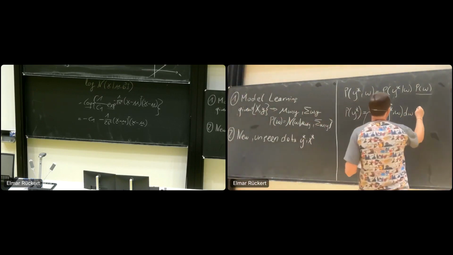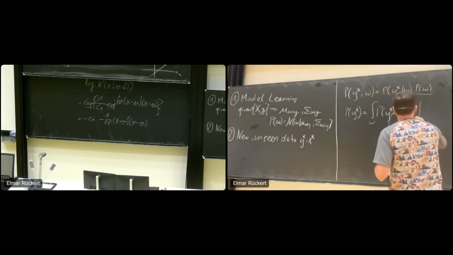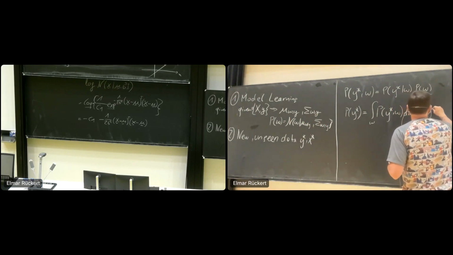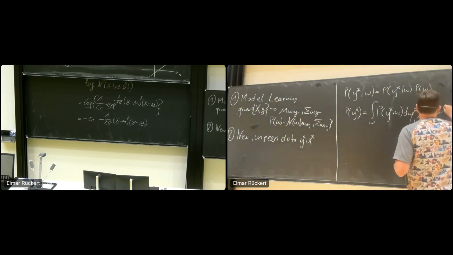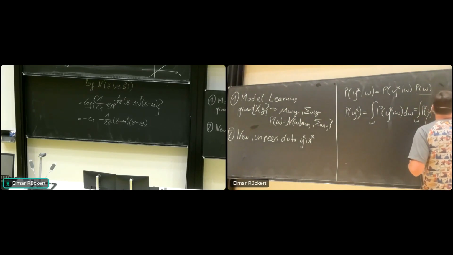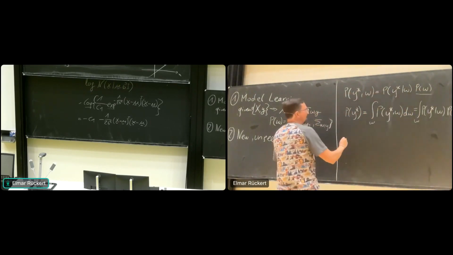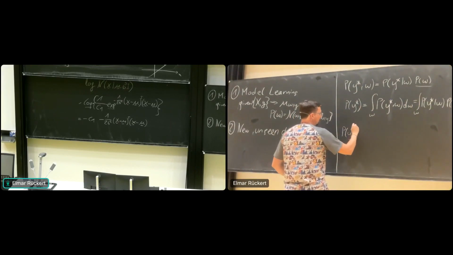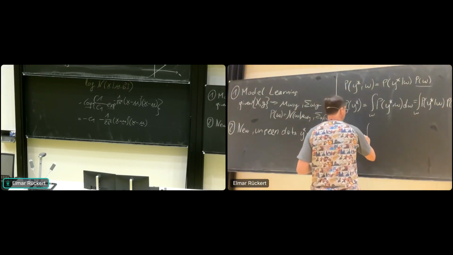Now, if we plug in our product, we have the likelihood times the prior dW. Now, this P of Y star can be computed in closed form if we use Gaussians.